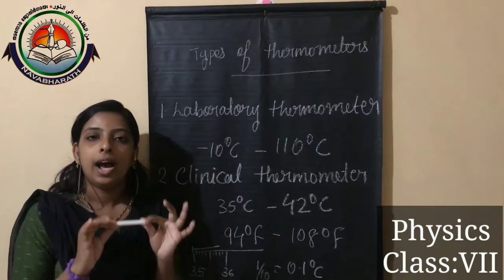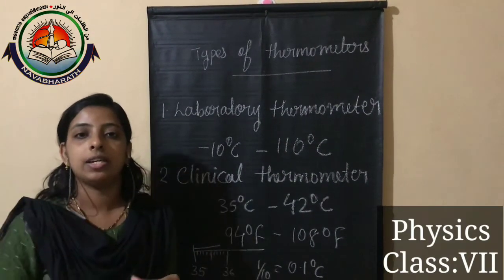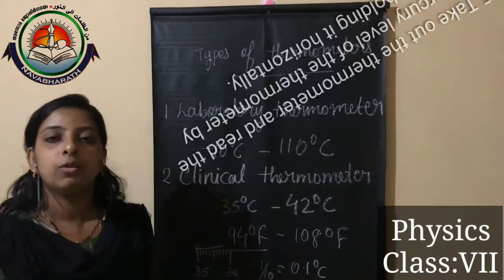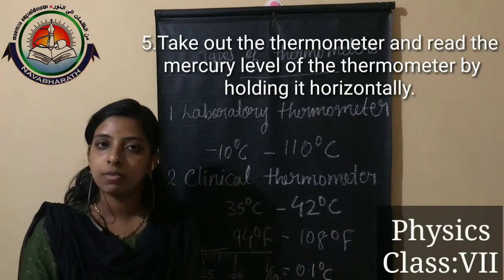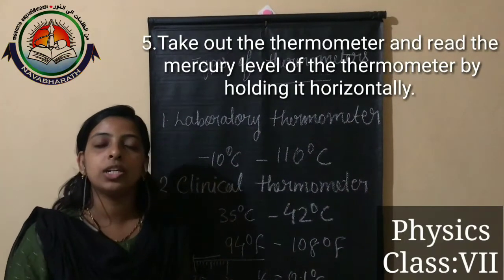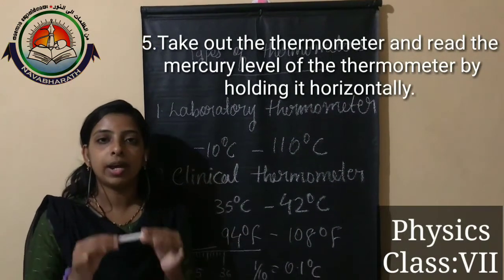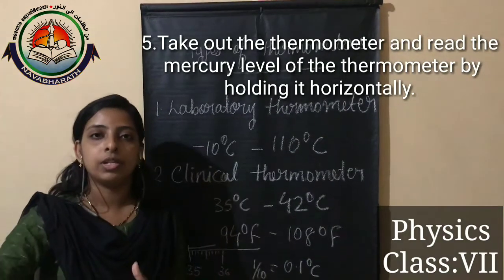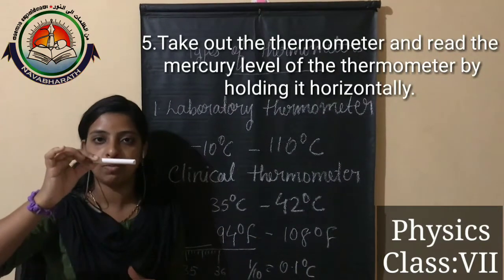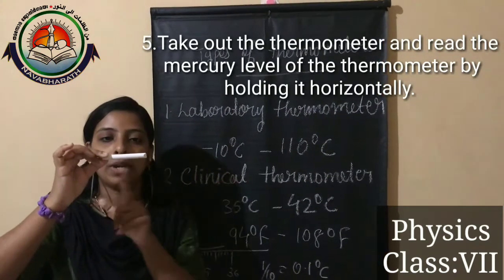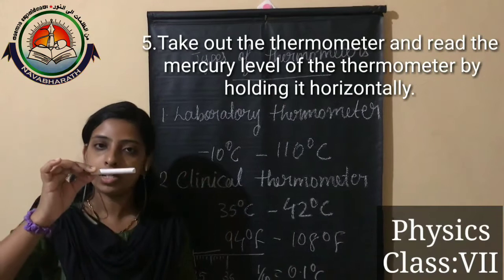And the last point is that when we take the thermometer out of the person's mouth, after that we have to take the measurement, right? While measuring the temperature, we should hold the thermometer horizontally like this and then we can record the temperature.